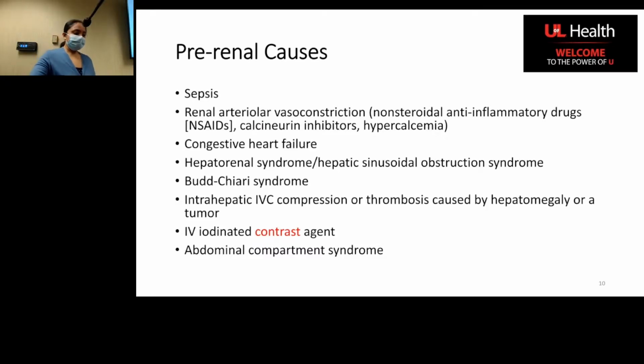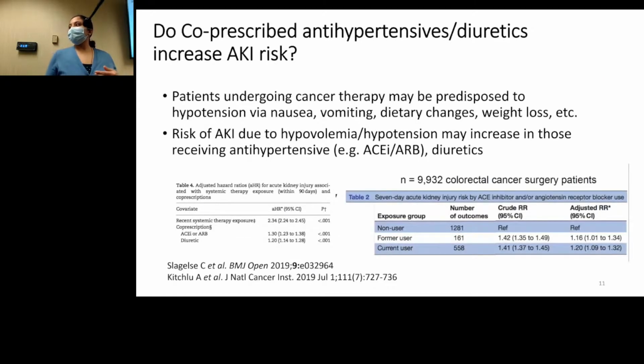But what I was looking into also is that many of these patients probably had an underlying history of hypertension and then were diagnosed with cancer. They started the treatment, but nobody really looked at the fact that they were also taking some medications which may have put them at a higher risk of AKI. So that was one question that came to my mind.